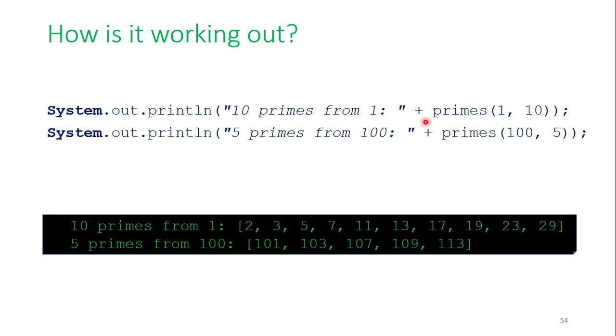If I ask, for example, for primes starting at 1 and I ask for 10 of them, then this is what I get. Ten numbers that are primes starting with 1. If I ask for 5 primes starting with 100, well, there we go. These are my 5 primes that are right after 100.